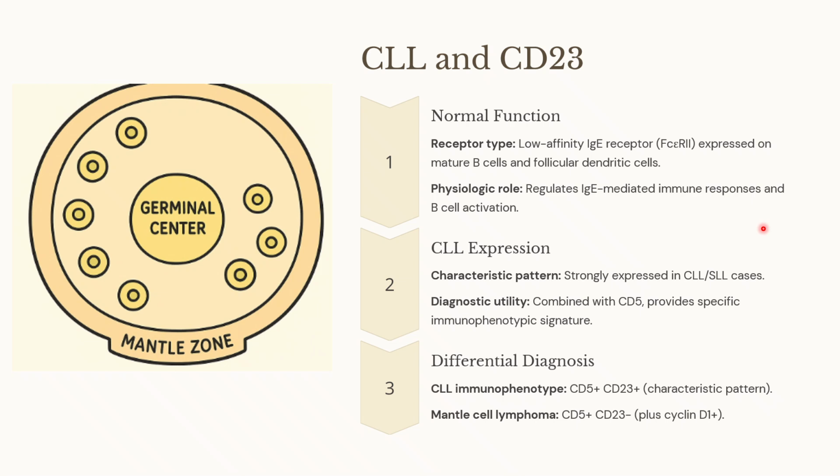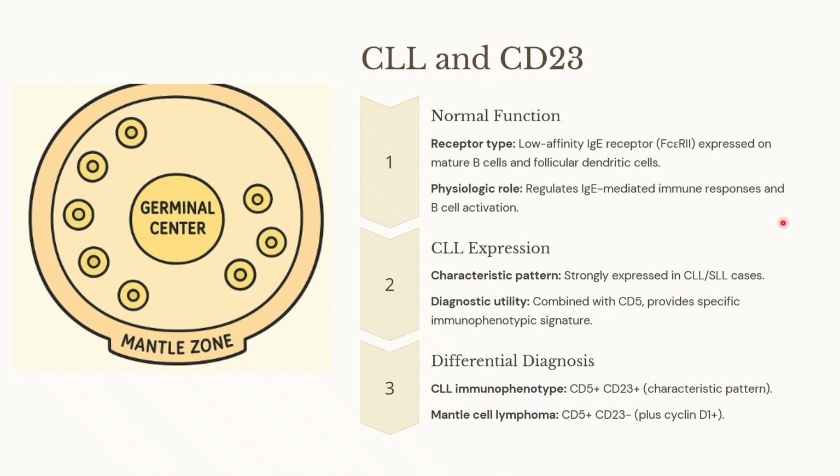Whereas what happens in chronic lymphocytic leukemia, CLL? On the other hand, this represents a malignancy of mature B cells. These cells have already entered the germinal center, undergone differentiation, and are more advanced in their journey. Because of this maturation, they express CD23.